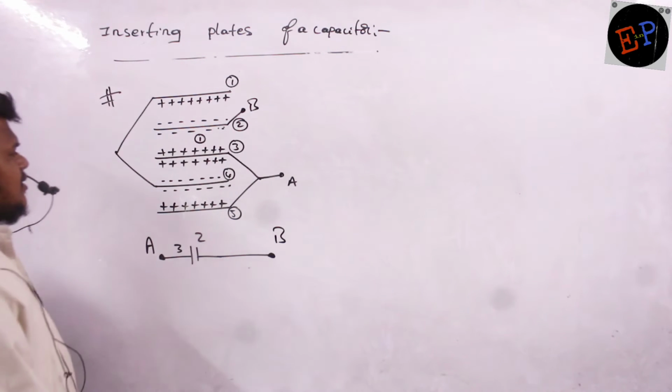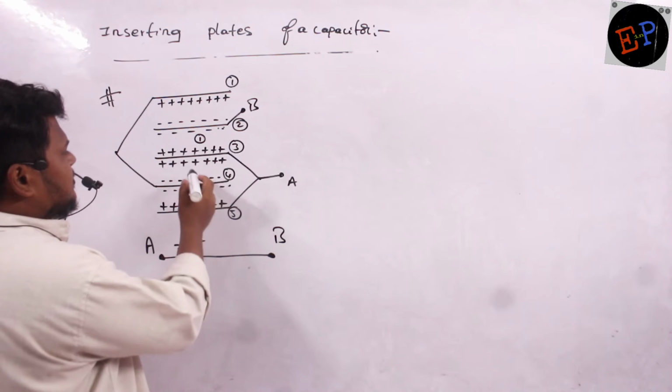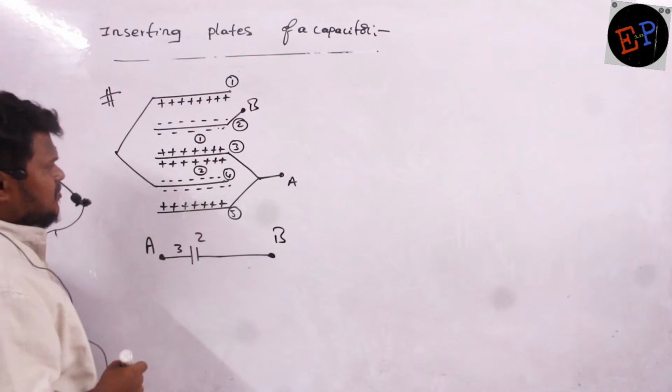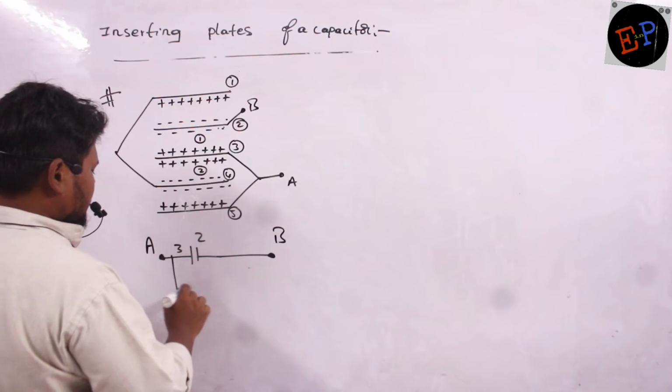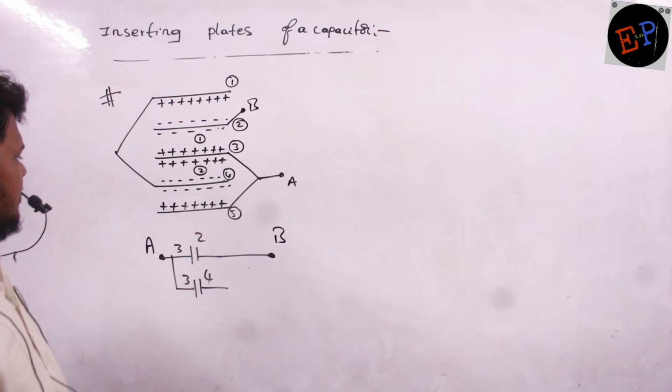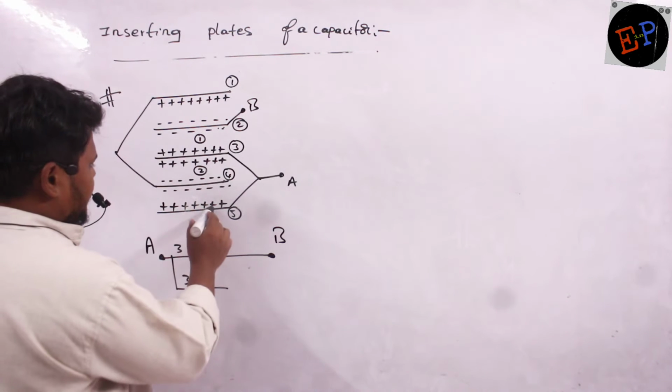Next, any other capacitor? 3 and 4 also will form one capacitor. So therefore, 3 and 4 also will form one capacitor. Similarly, 5 and 4.